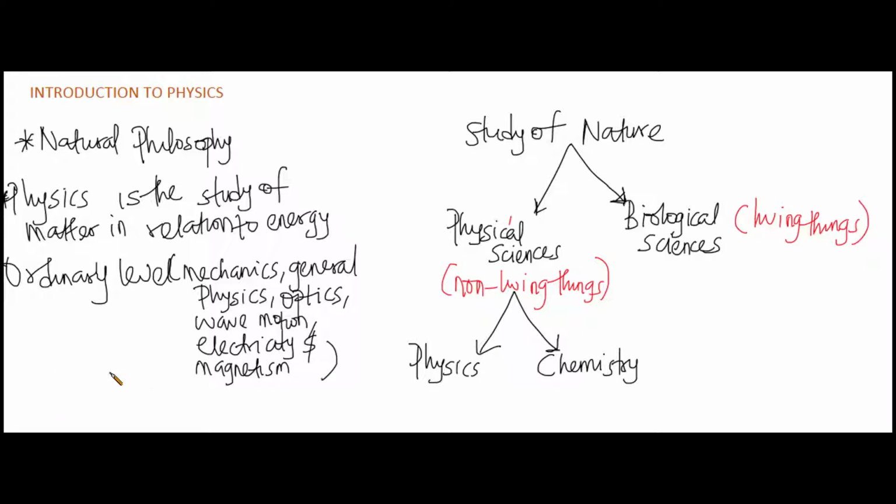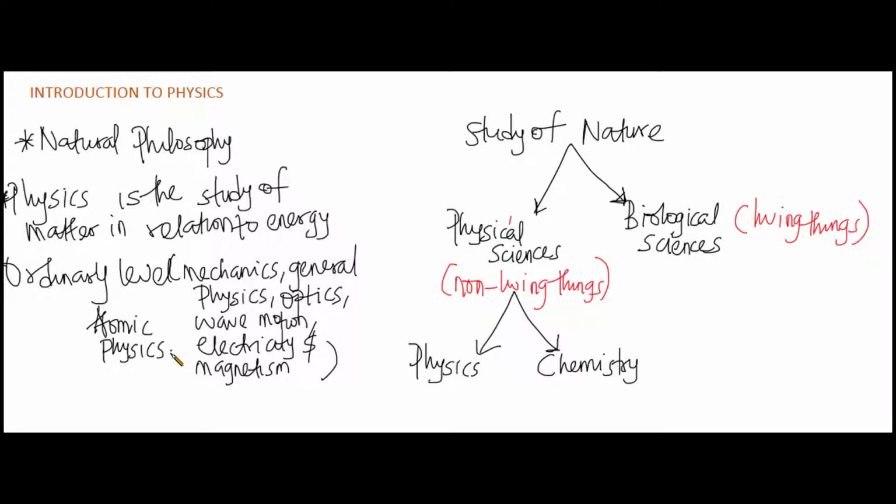At higher level we also have atomic physics, but to a certain level at ordinary level, because atomic physics is like what gave birth to quantum physics, trying to picture things at the microscopic level.